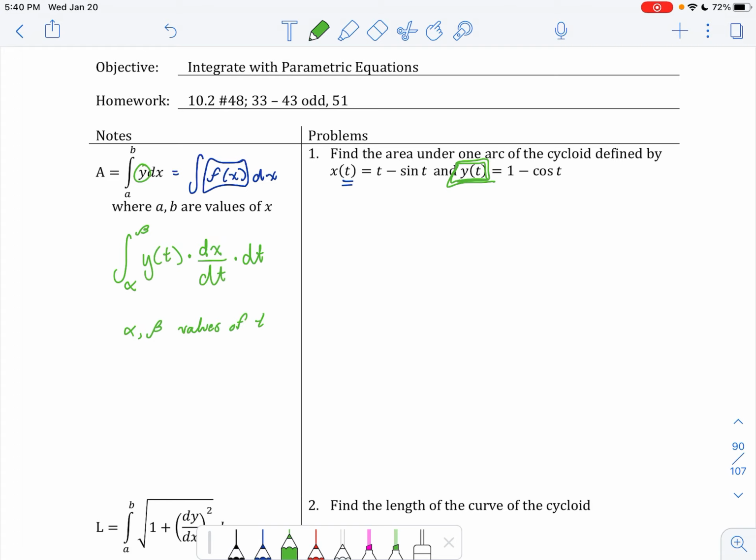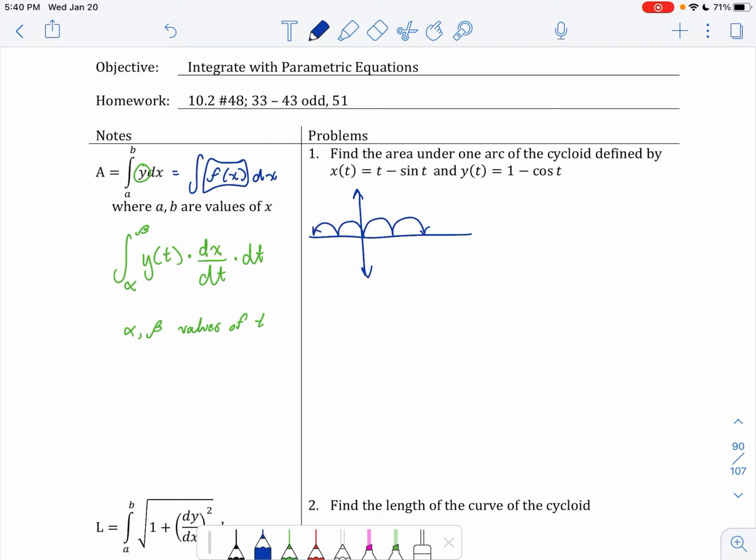So, when we're looking at an example: find the area under the curve of one arc of a cycloid defined by x of t equals t minus sine t, and y of t equals 1 minus cosine t. So the first thing I would do is graph this on my calculator, just like we talked about in our last lesson.